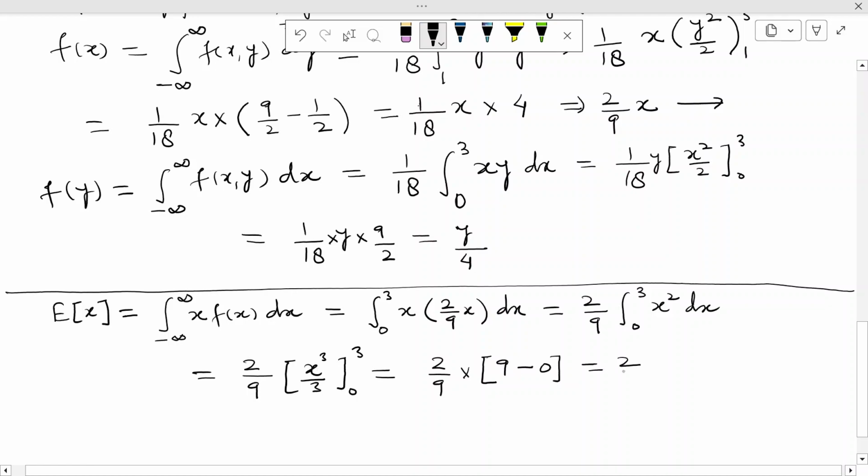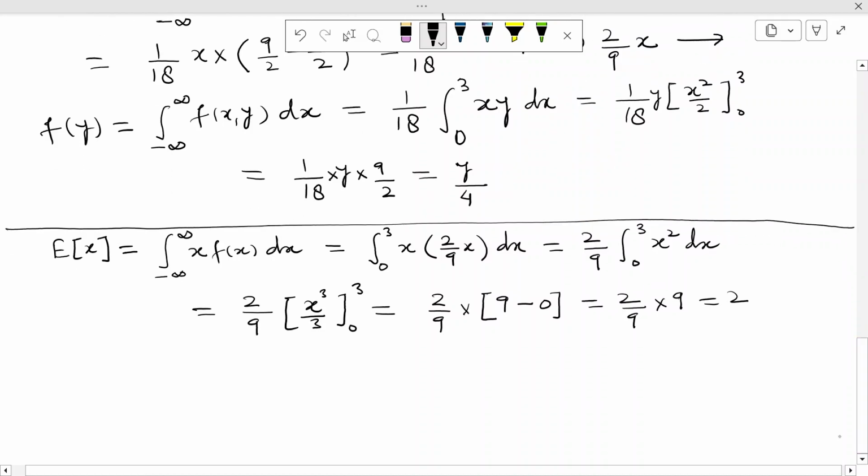So this is simply 2 by 9 into 9, which is coming out as 2, which is our expectation of x. Now next we will find out expectation of x square.